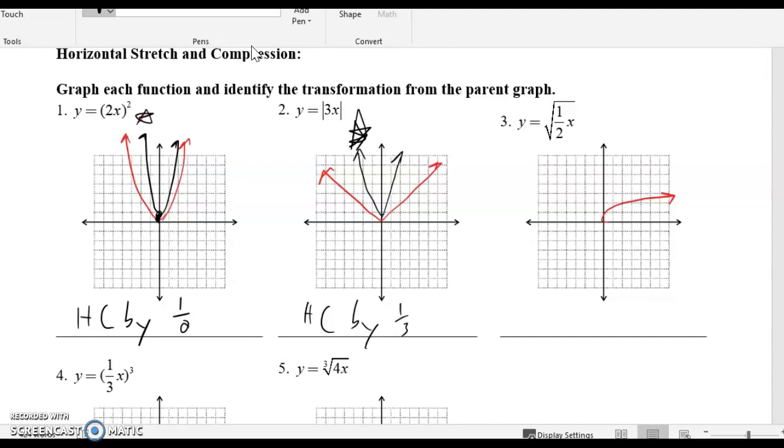Because you're plugging in a number for x, and then you're cutting it in half, and then you're square rooting it to find y. So my graph looks like this. So that's a horizontal stretch by 2. You're doubling the x values to try to get to the regular height of the y. Should be a little bit of a curve there, but okay.